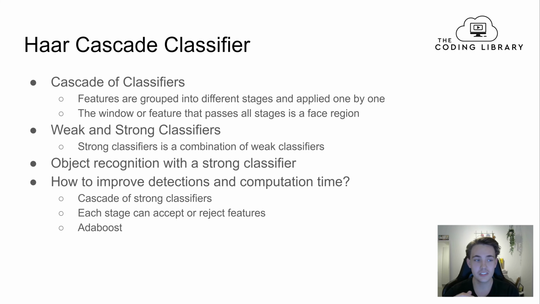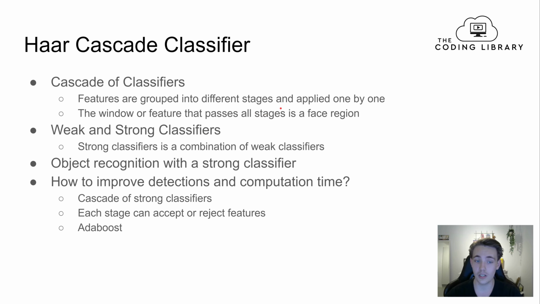So when we combine all of this, we have this Haar Cascade Classifier that we can use to detect objects. We use a cascade of classifiers because, as I talked about, we have these weak classifiers that we can cascade together. The features are grouped into different stages and applied one by one.